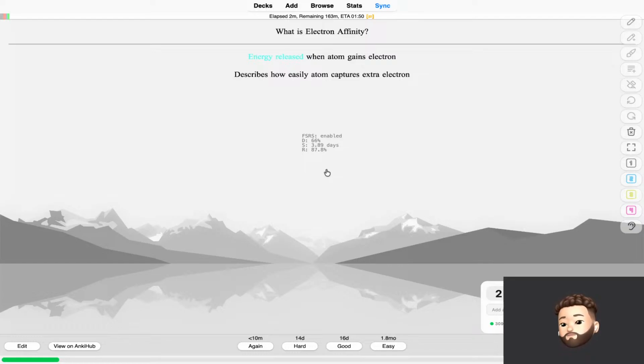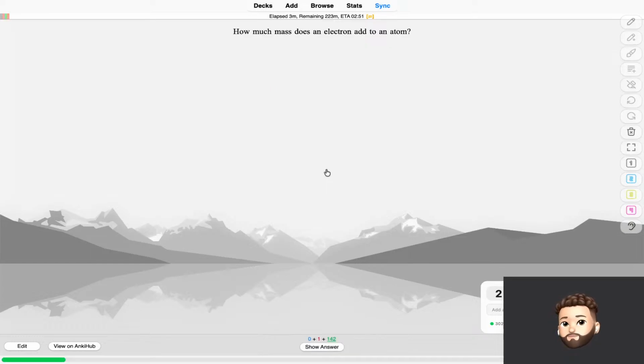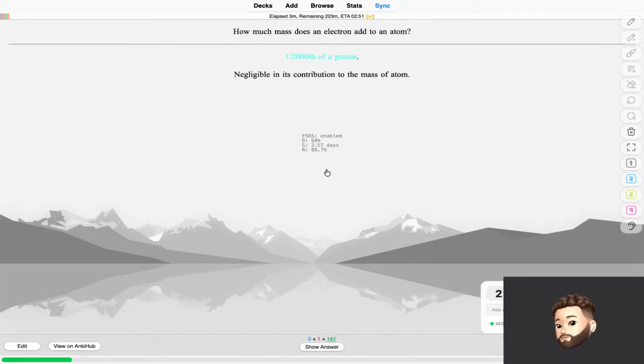Oh man, energy released when it gains an electron. That was on the same line, but it wasn't quite the answer. How much mass? 1/2000th of a proton.